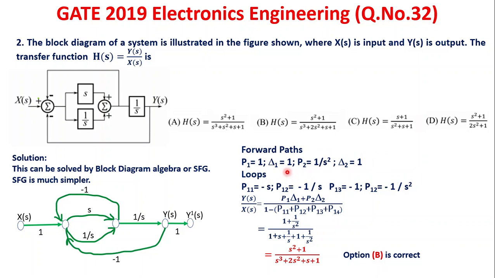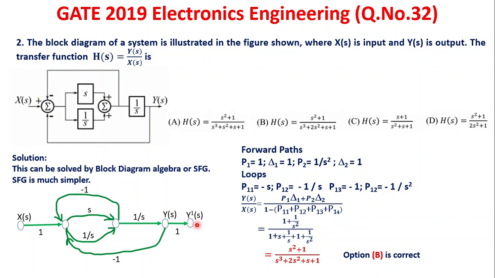How to find delta 1 and delta 2? Delta 1 is the delta of that part of the signal flow graph in which the first forward path is removed. This is the first forward path, for which we found P1. If you remove the first forward path from the signal flow graph, all the nodes will be removed. Therefore, nothing will be left.